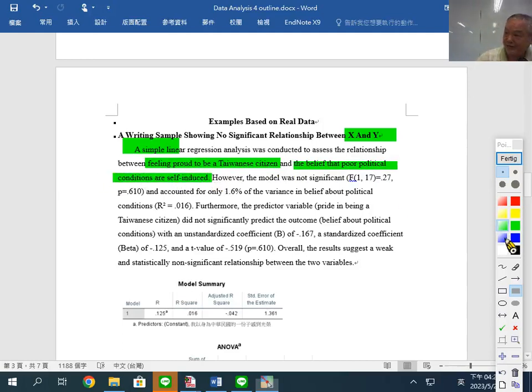Two variables, right? However, the model was not significant. Why? Evidence: the p-value is so high. So there's no relationship at all.